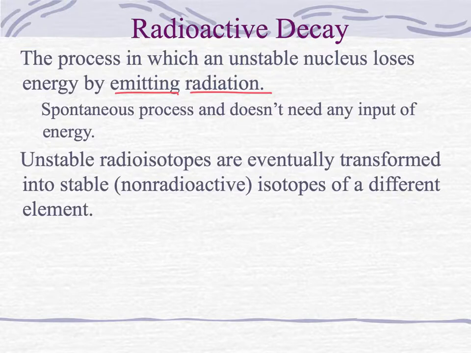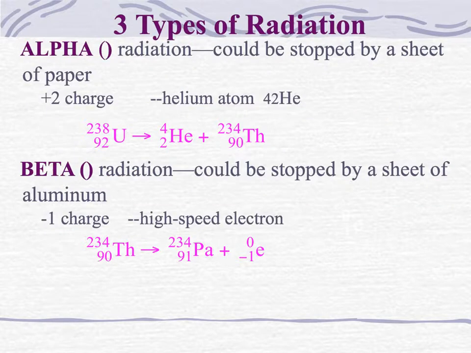It is important to know that the unstable radioisotopes will be transformed into something that is stable. So when a nucleus is stable, it is not radioactive, and therefore it would actually be a different element.